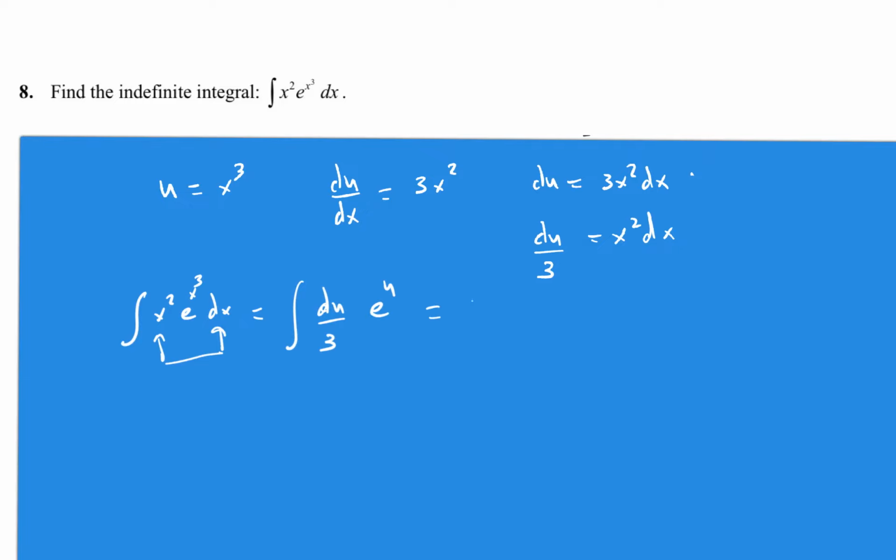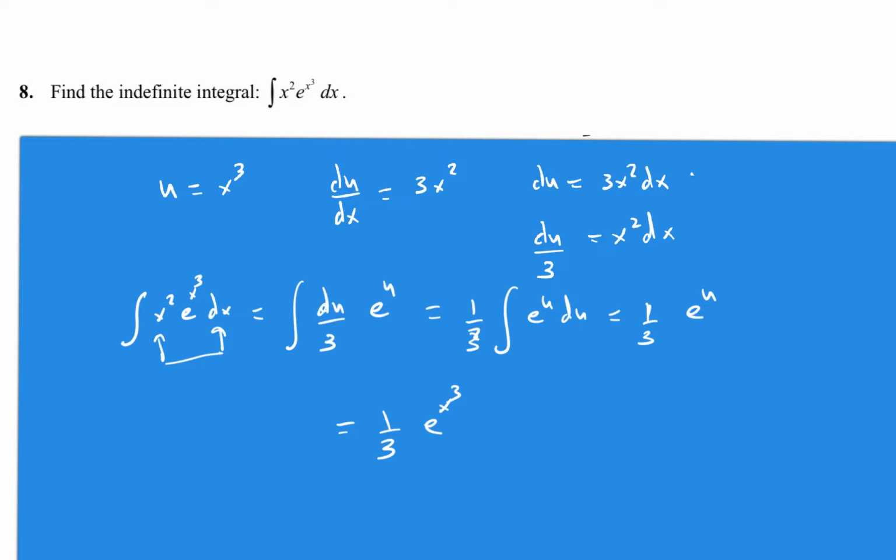So this is 1/3 of the integral of e to the u du. So this is 1/3 of e to the u, because the integral is e to the u. So it's 1/3 e to the u, but e to the u is e to the x cubed. So this will be the result.